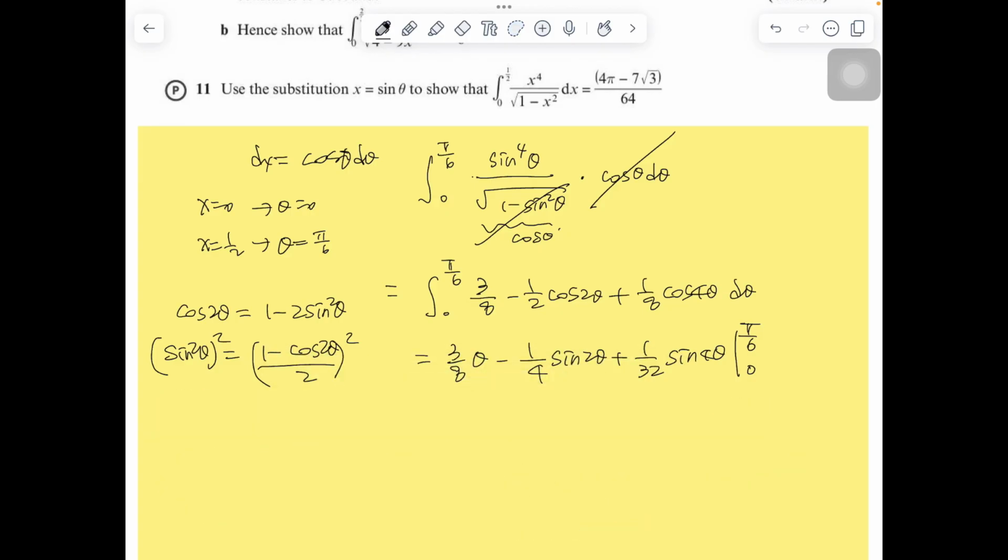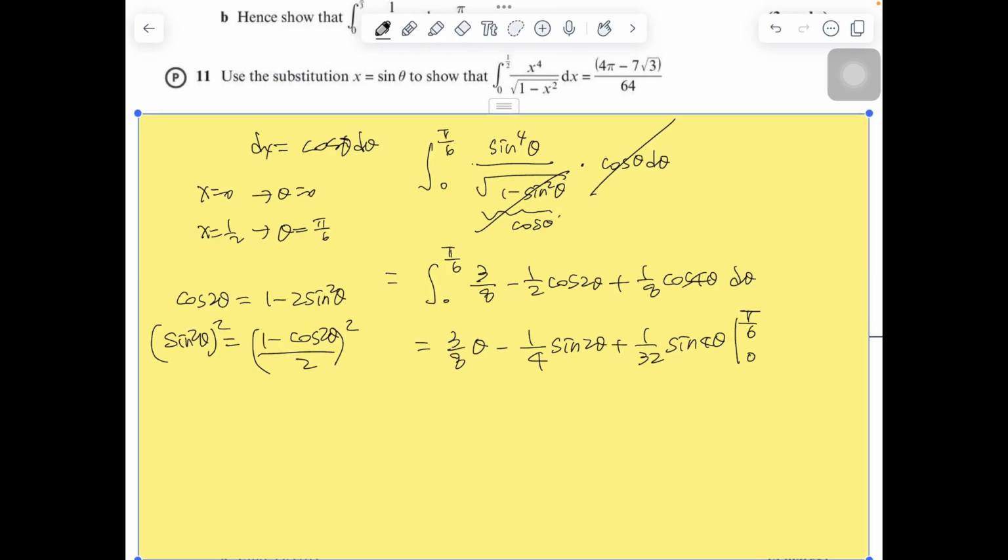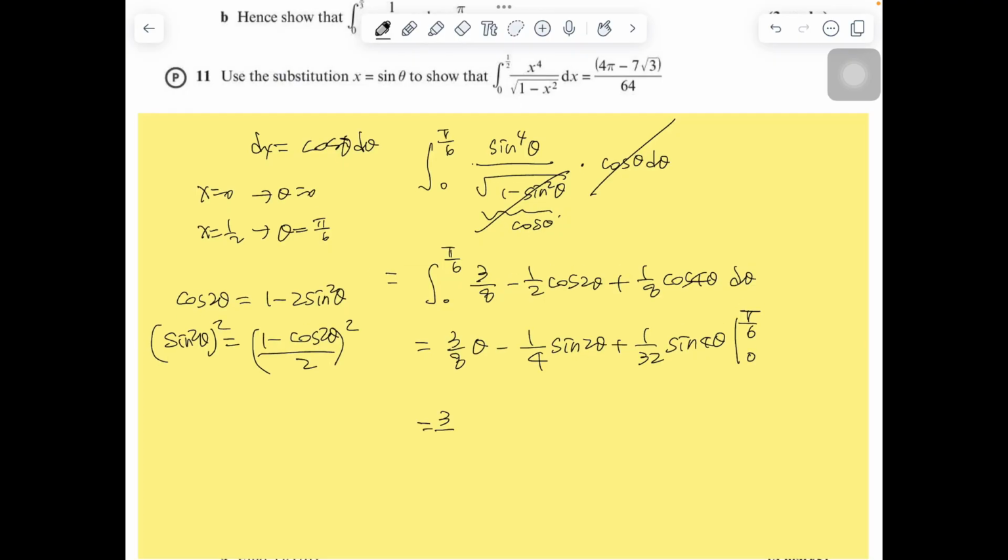Since we are here, so 3 over 8 times pi over 6, minus 1 over 4 times sine of pi over 3, so square root 3 over 2, plus 1 over 32 times sine of 2 pi over 3, which is the same, square root 3 over 2, minus 0, 0, 0.